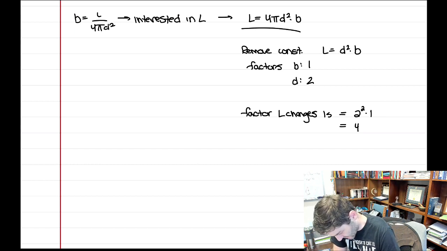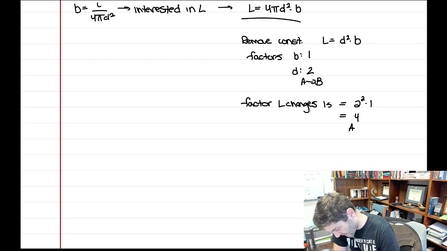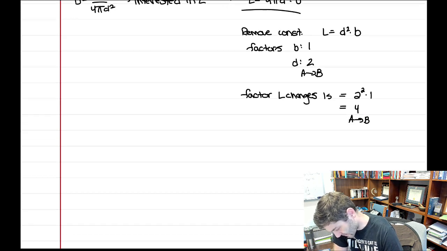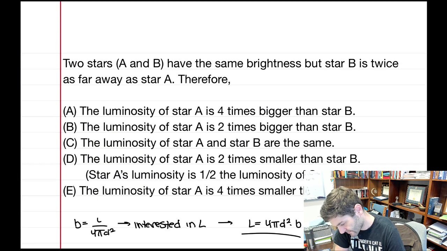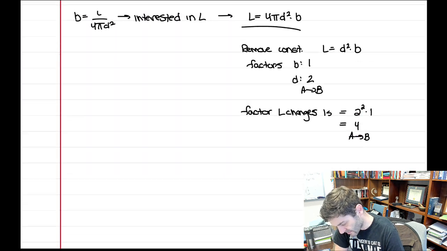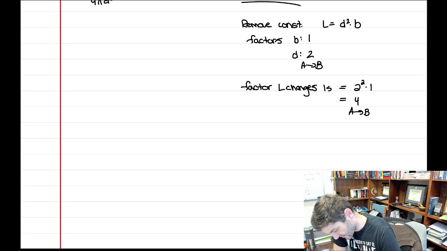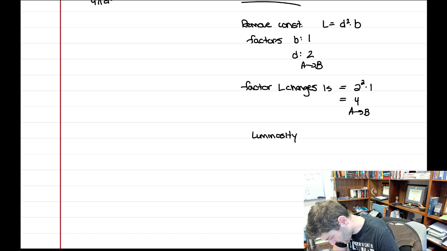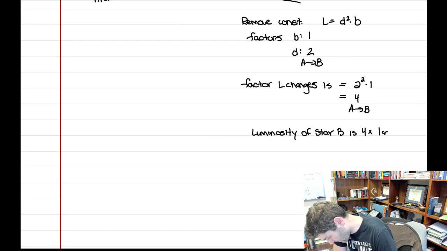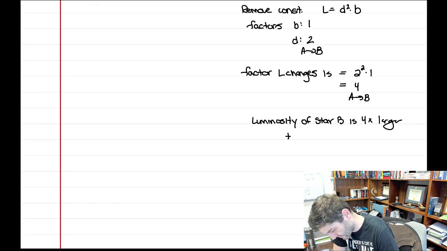So again, this 2 is going from A to B, and this 4 is going from A to B. So we could conclude, in this case, that if they have the same brightness but B is farther away, the luminosity of star B is 4 times larger than star A.